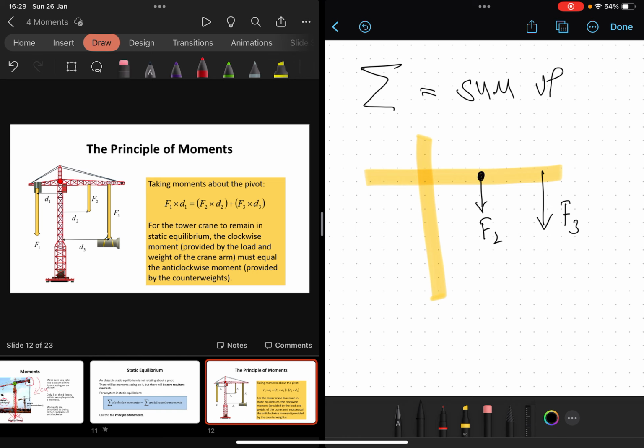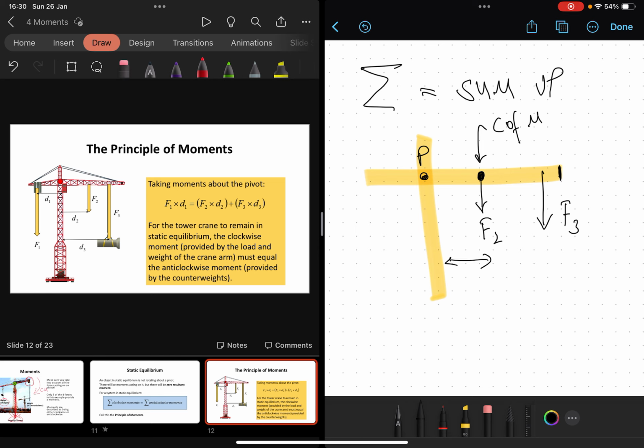I think it's about halfway from the pivot to the end of the crane. And that's the clue then that is the center of mass of that part of the crane. So it's got some kind of weight to it. We're going to call that F2.